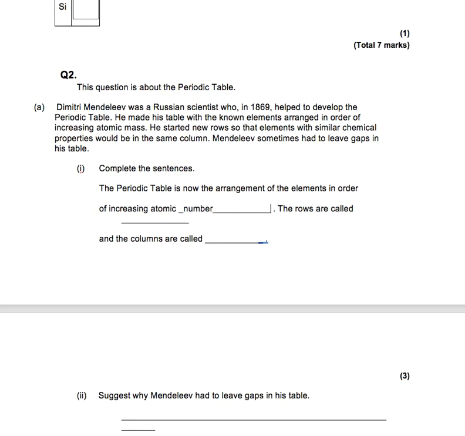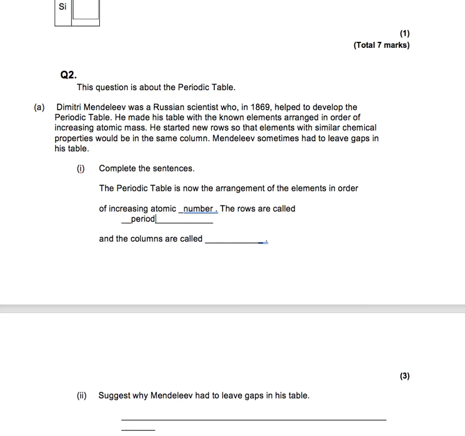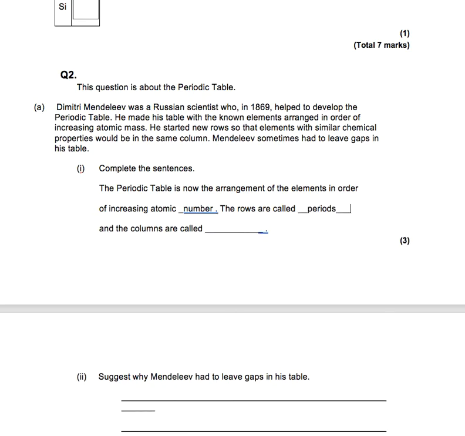Let's take a few of those out. The rows are called periods. Columns are called groups. And hopefully you remember that from the earlier video on the periodic table.